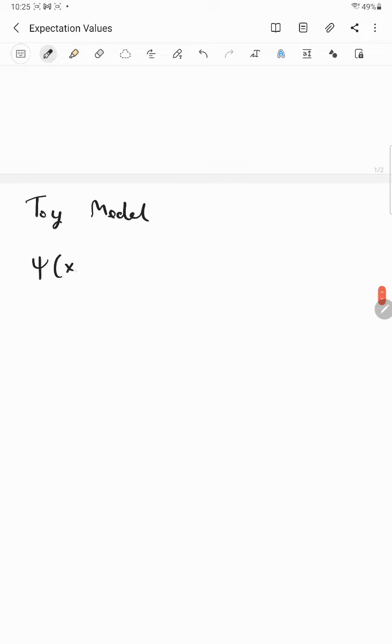So for fun, I'm going to practice with our toy model that I introduced in the previous lecture. So let me rewrite this toy model. And our toy model looked like this. So psi was a function of x and t, and it was piecewise defined.